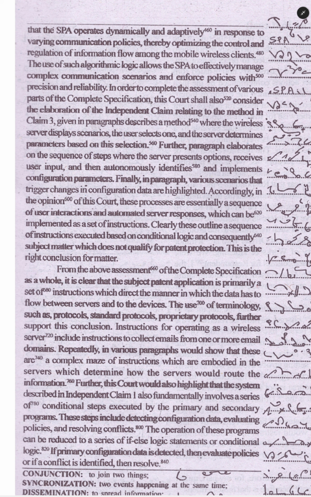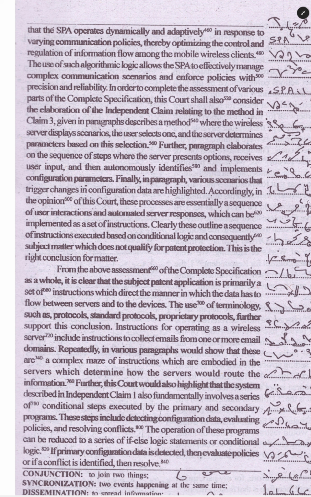Further, this court would also highlight that the system described in independent claim 1 also fundamentally involves a series of conditional steps executed by the primary and secondary program. These steps include detecting configuration data, evaluating policies, and resolving conflict.